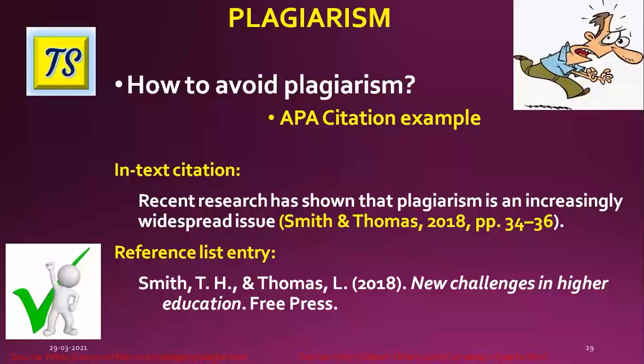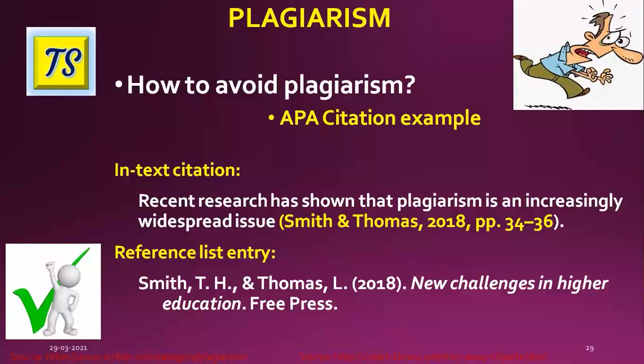Here, the source name and the publisher details, everything is provided. Smith and Thomas, their names need to be quoted in the in-text. In the reference list, you need to provide the complete list. When the detector matches these, it will automatically be omitted. It will not be classified under plagiarism.